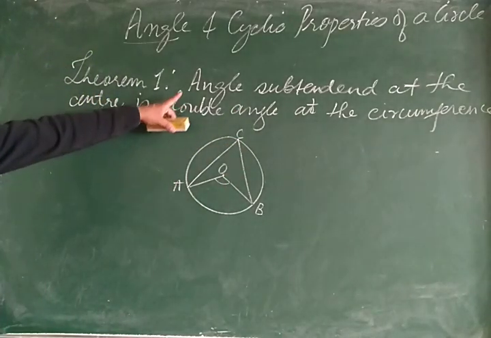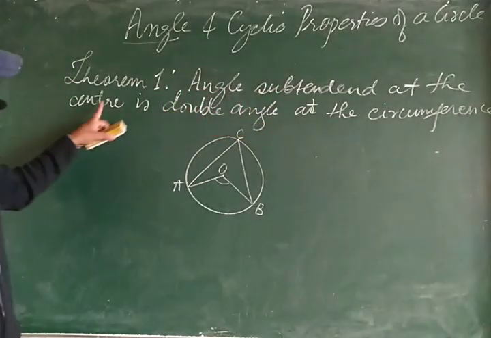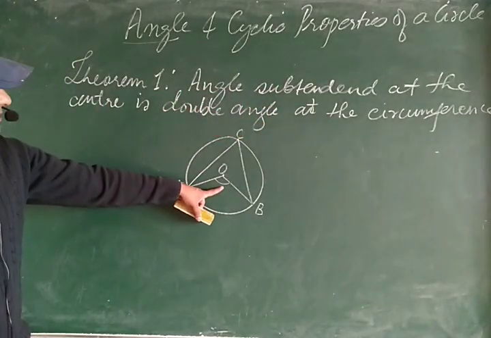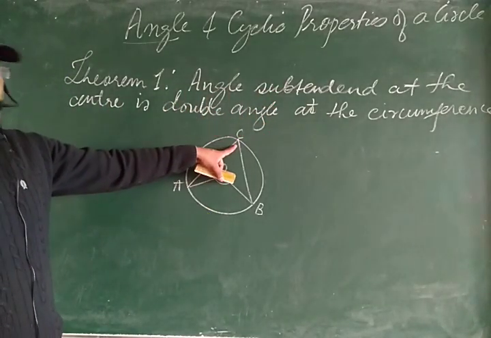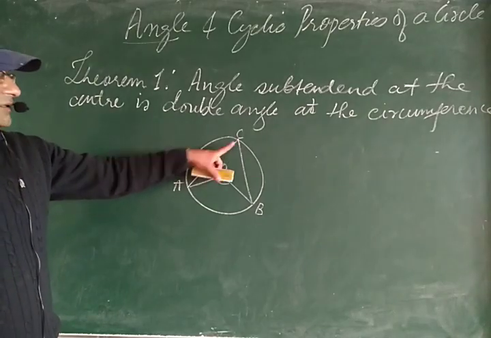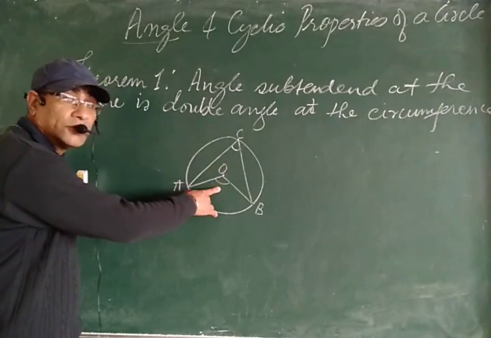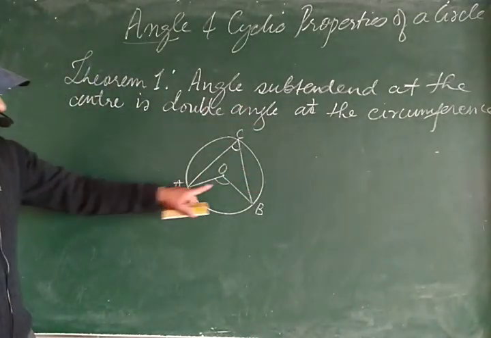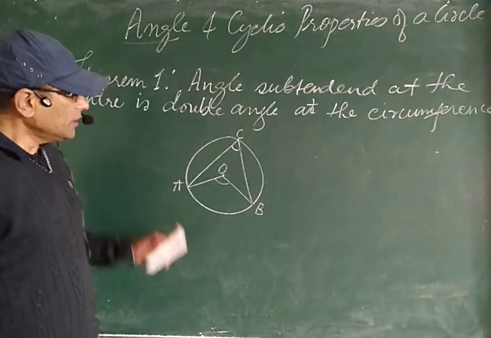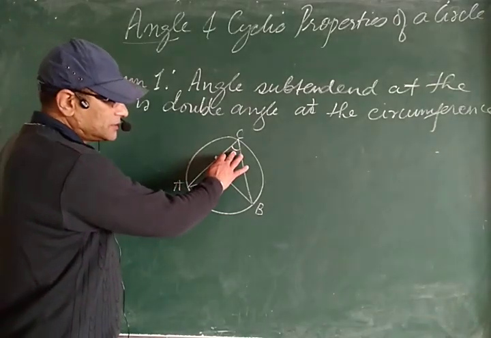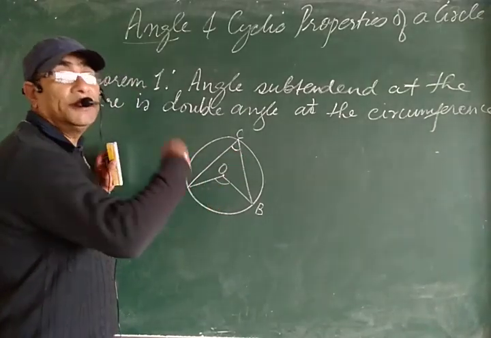Now according to this theorem, the angle subtended at the center will always be double of the angle at the circumference. If this angle, let us suppose, is 30 degree, the angle formed here will be double of 30 degree. That means it will be 60 degree. Any angle formed at the circumference, the angle at the center will be double of that.